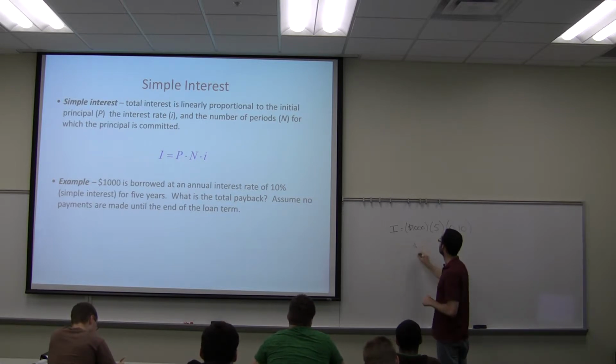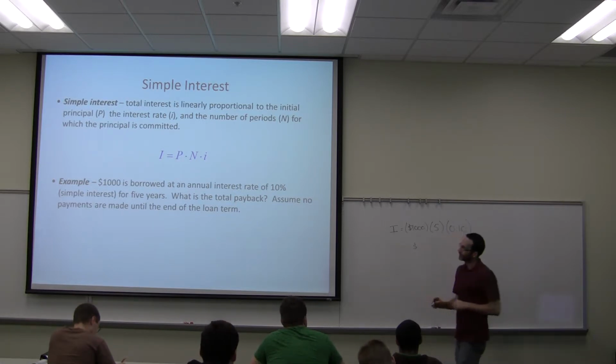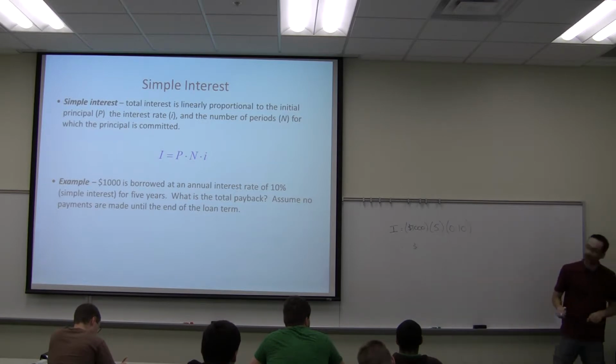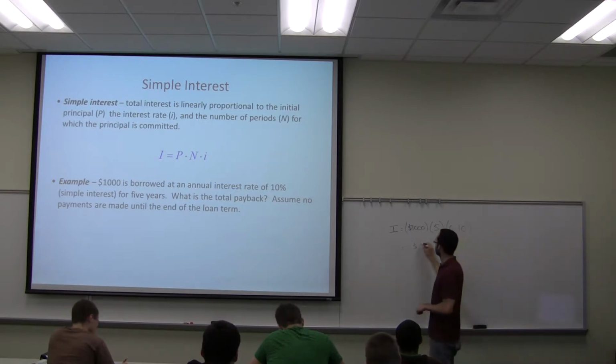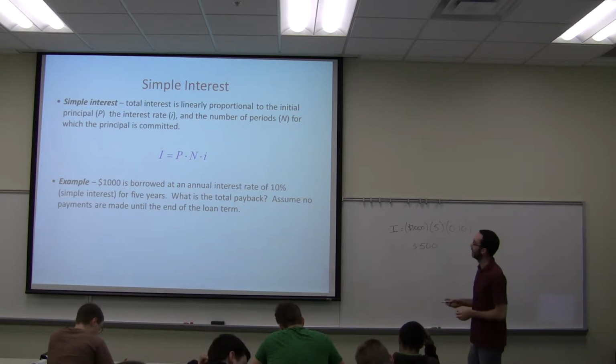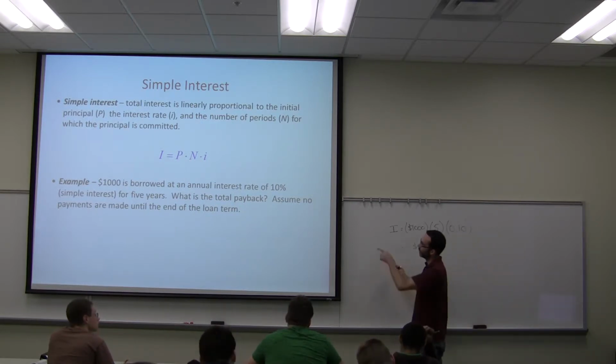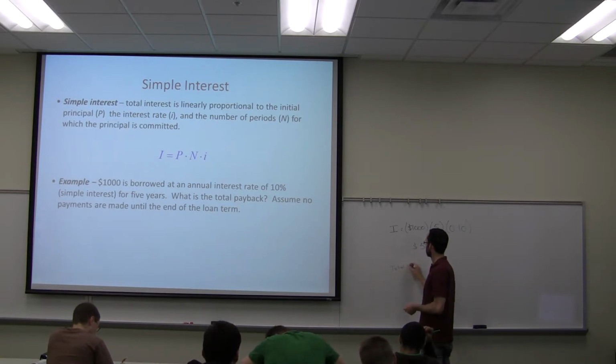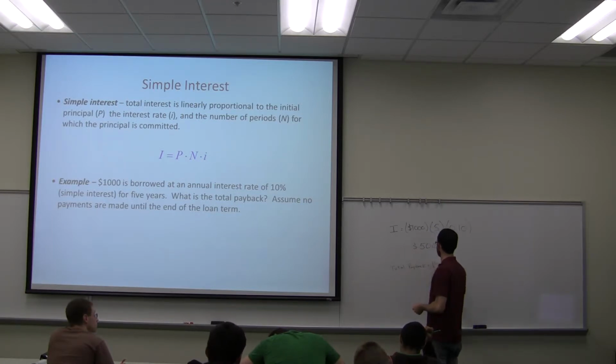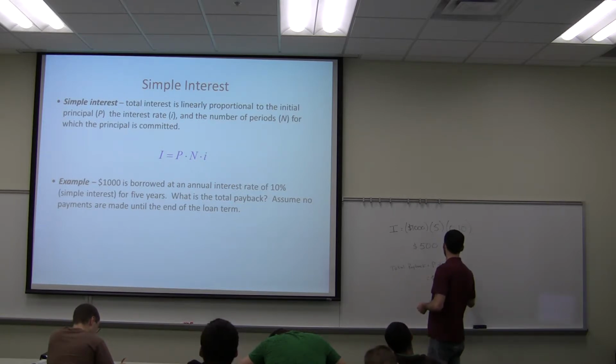So 10% is going to be $100 a year, so $500 is the total interest. And then the total payback will be the principal plus the interest. And so you'll have to pay the original 1,000 that was borrowed and the $500 interest, so $1,500.